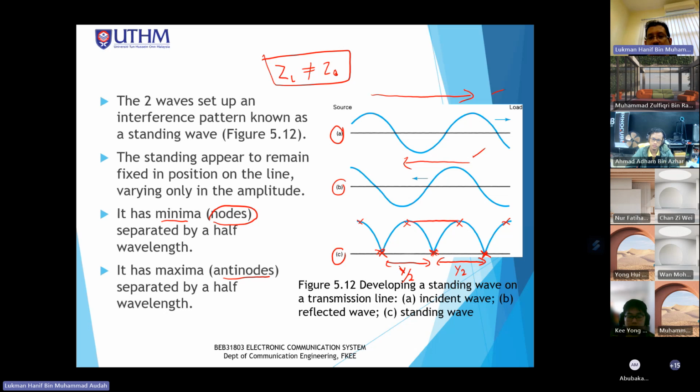Similar with this one, the distance between antinodes is also lambda over 2. So lambda over 2 is the distance between two antinodes or two nodes. So the nodes are separated by lambda over 2, the distance.